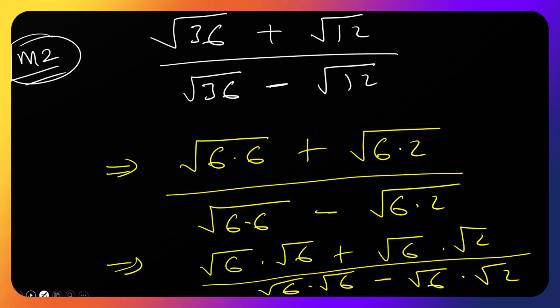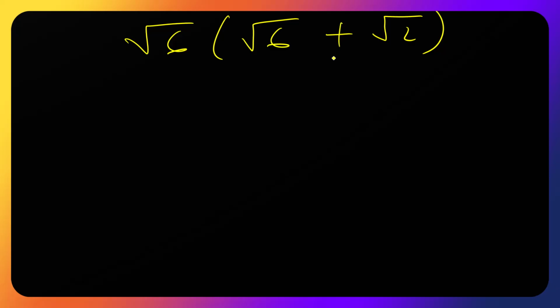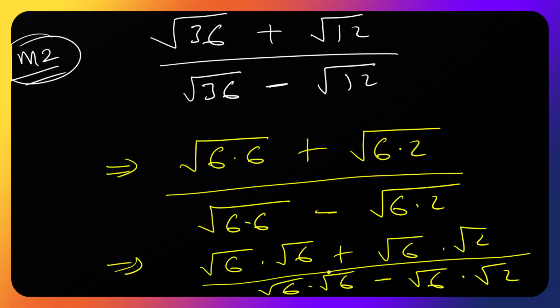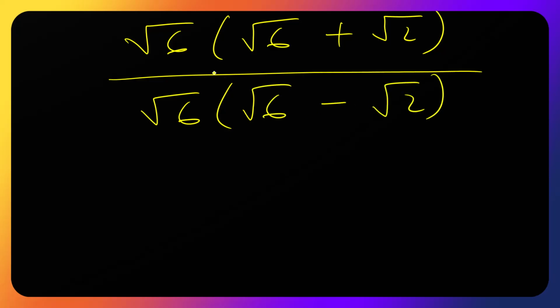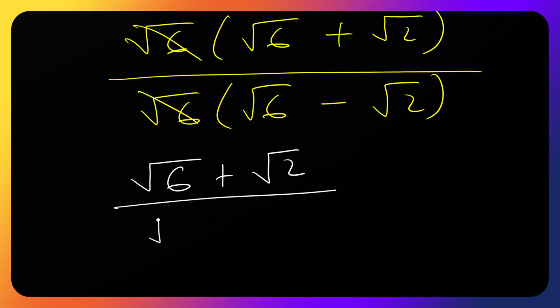Oh, it's rather plus. This side is plus. The denominator is minus. So we have square root of 6 bracket square root of 6 minus square root of 2. So this side will cancel. Now we have square root of 6 plus square root of 2 on square root of 6 minus square root of 2.